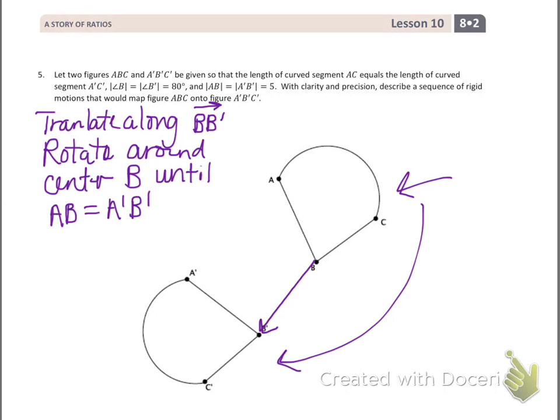Okay, so we know that AB and A prime, B prime are the same length. So now I have not only mapped B to B prime, but we've also mapped A to A prime.